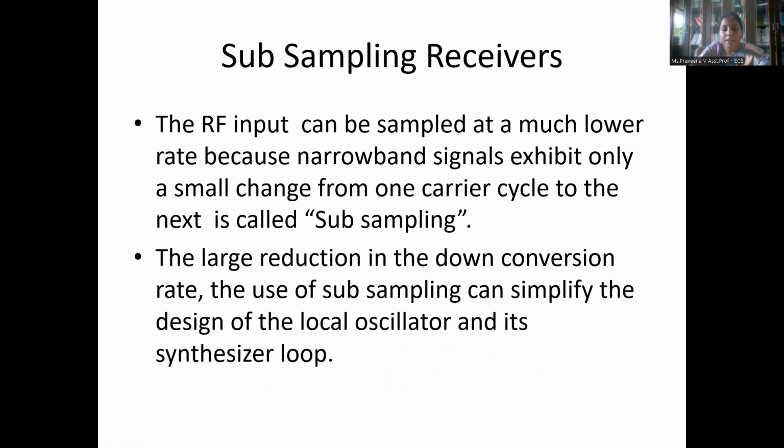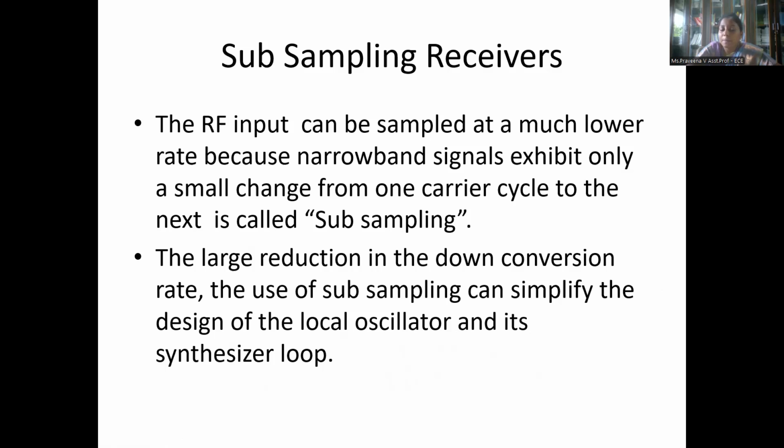So, the subsampling receiver. Subsampling is a technique used to sample a high frequency RF signal at a very low sampling rate. The basic idea behind subsampling is that the narrowband IF signal does not change significantly from one carrier cycle to the next. Because of this property, it is not always necessary to sample at the Nyquist rate of the RF carrier.